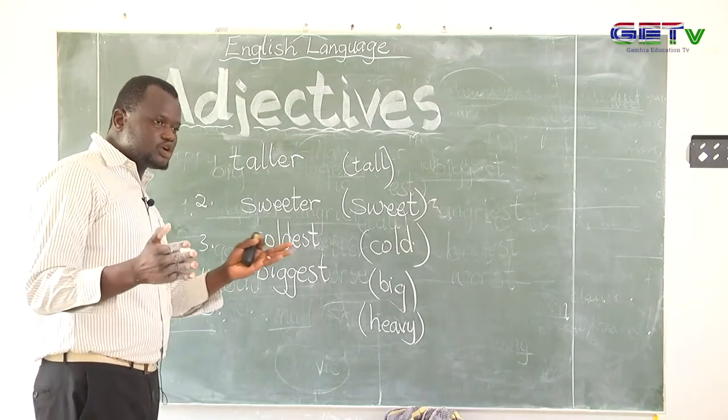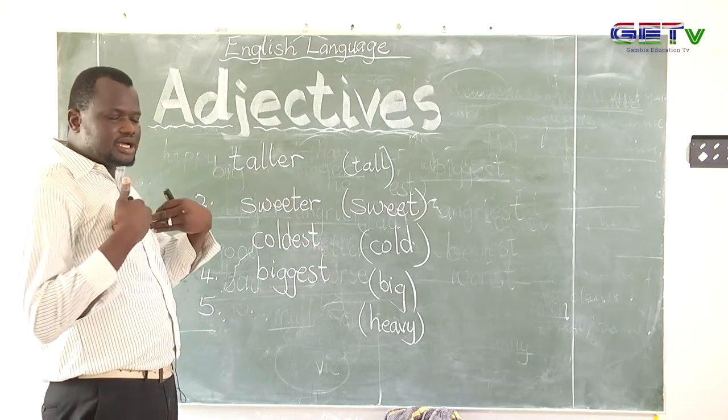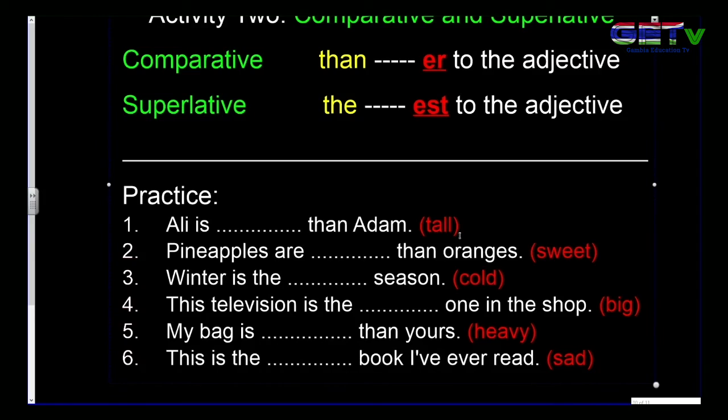Now here we are comparing two things, two bags. My bag and your bag. So since we are comparing two, are we going to use the comparative or the superlative? The comparative. Very good. And when we use the comparative, we add er.